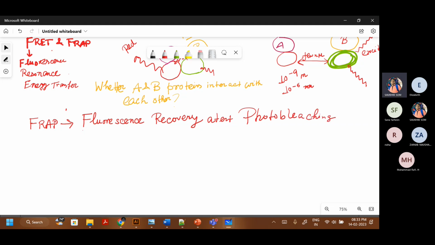What does bleach do? Bleach makes all the things white, correct? In this case, photobleaching means that whatever fluorescent molecules were there, I am giving some very shiny light, and all of these fluorescent proteins are getting inactivated.